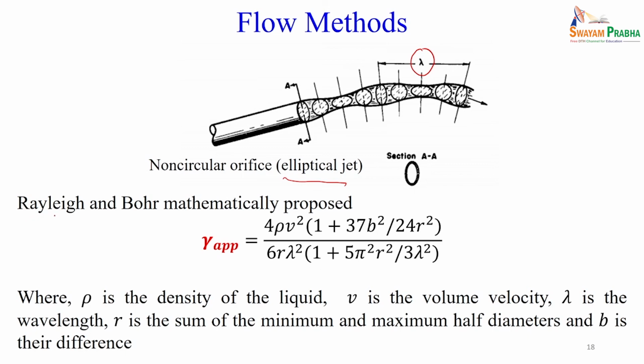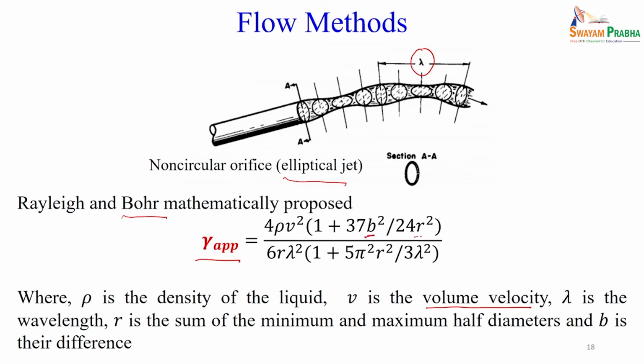Considering this was initially started by Rayleigh and finally Bohr mathematically proposed, we can calculate the surface tension or interfacial tension if we can monitor or observe this phenomenon. So, it says 4 rho, where rho is the density, V is the volume velocity.